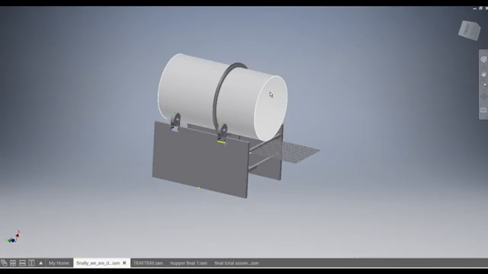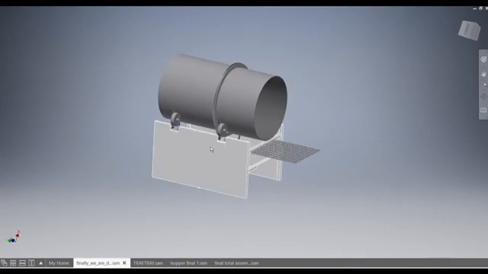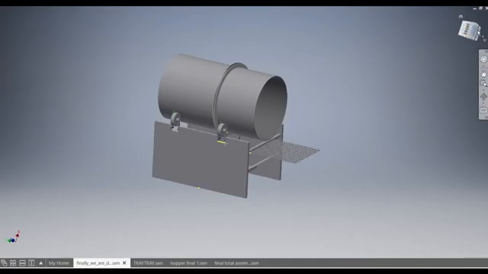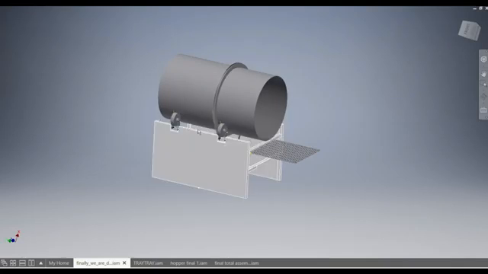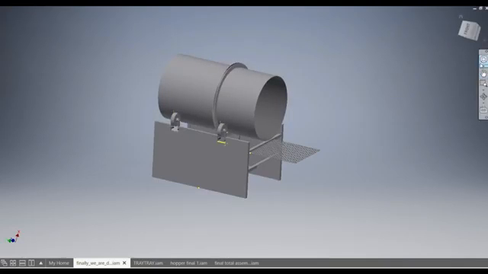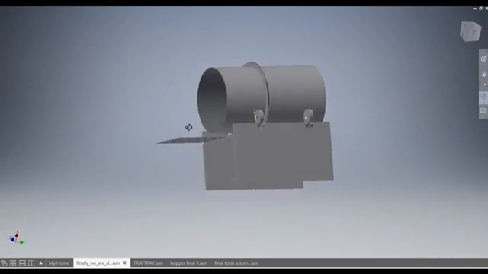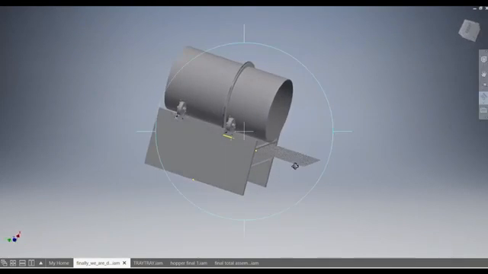Subsystem 2 consists of this drum, and this is the stand which holds the drum, and the drum is made to roll on these 4 pulleys. 2 are here and 2 are on the other side, you can see this. And a mesh-like structure is connected to the stand, which we will talk about in the third subsystem.